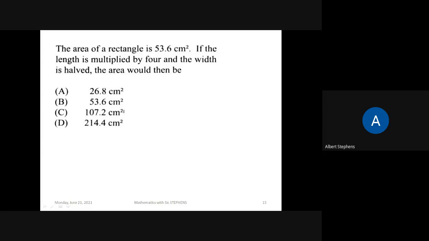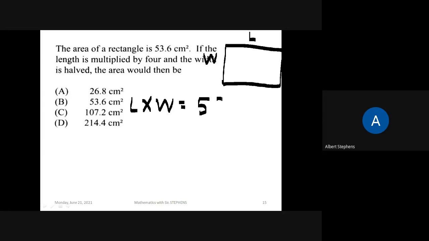So we have a rectangle, right? And they tell you that you have a length and a width. So basically, if you multiply the length of that rectangle by the width, we get an area of what? 53.6 centimeters squared. Right.